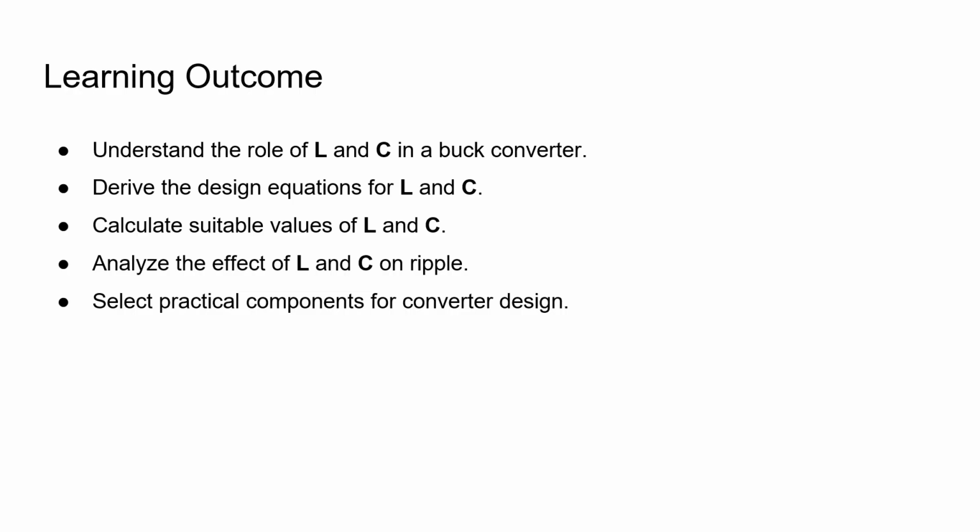Then we will analyze how different values of inductance and capacitance affect the ripple current and ripple voltage. Finally, we will understand how engineers select practical components, and we will do the design of a buck converter.